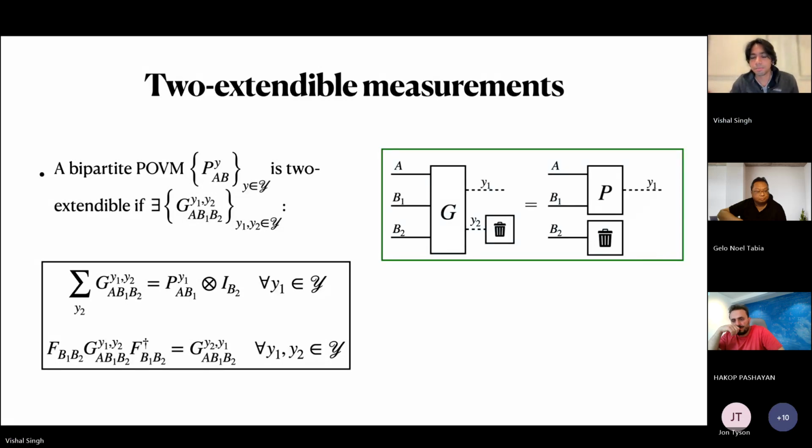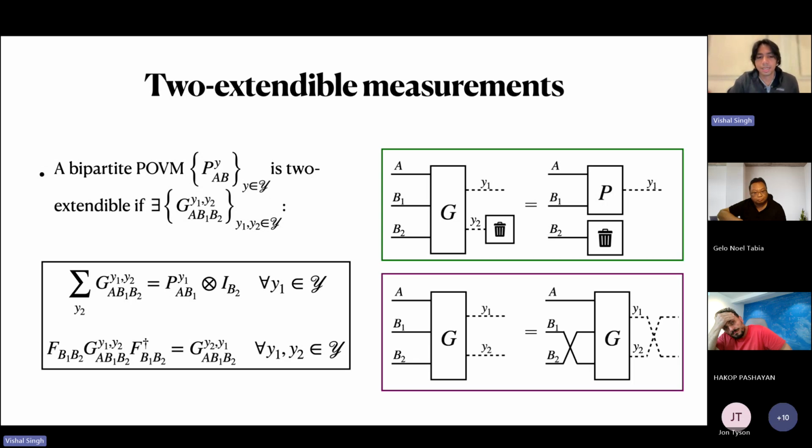Diagrammatically, if you trash one of the outcomes, it's like you simply applied the original POVM to Alice and Bob, and the third system you just discarded. The second one is basically if you permute the input systems and permute the output systems. So this is two-extendability, just swapping them, and that is exactly the same as the original POVM.